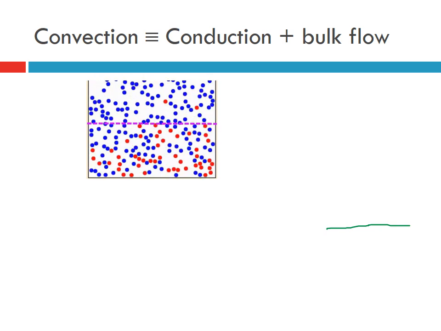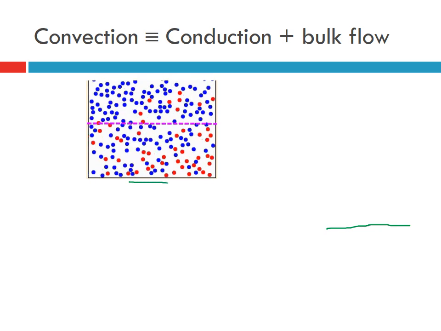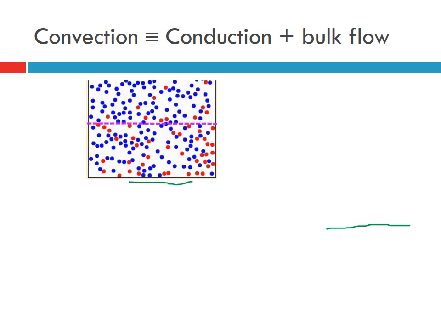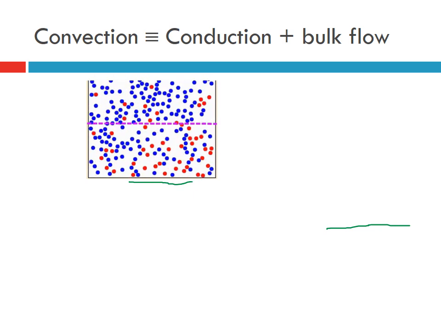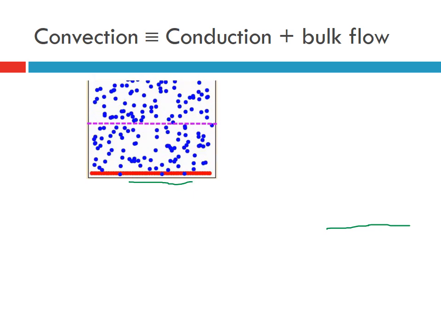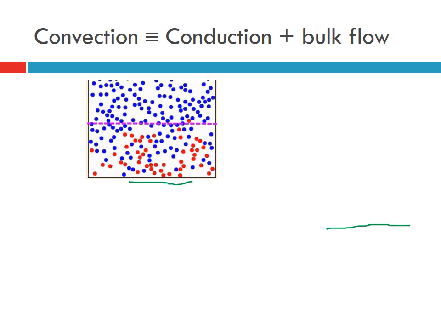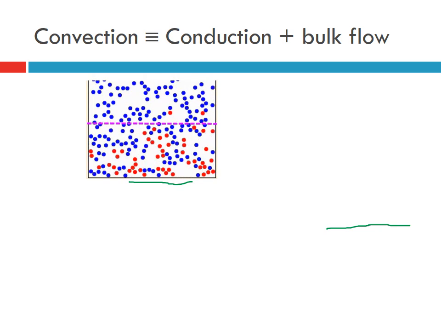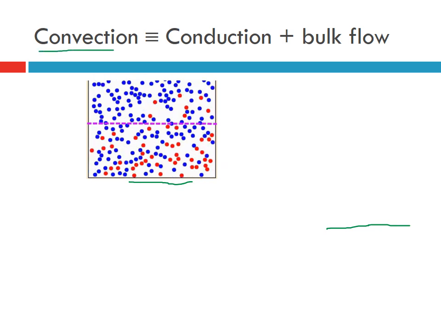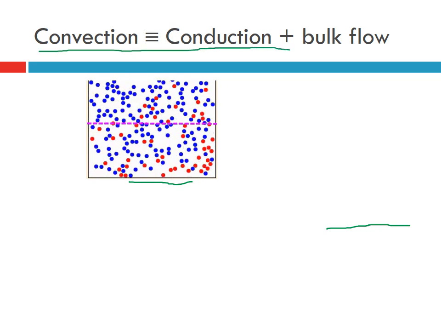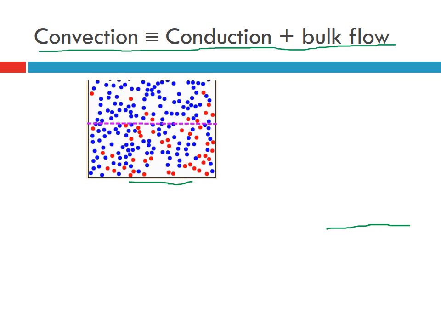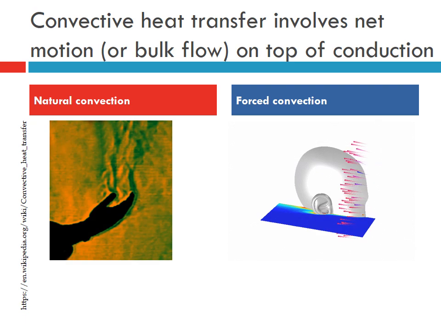Notice that during the bulk motion, this random movement of the molecules did not get stopped. So the bulk flow is on top of the random molecular motion. In other words, we can think of convection as conduction plus the bulk flow effect.